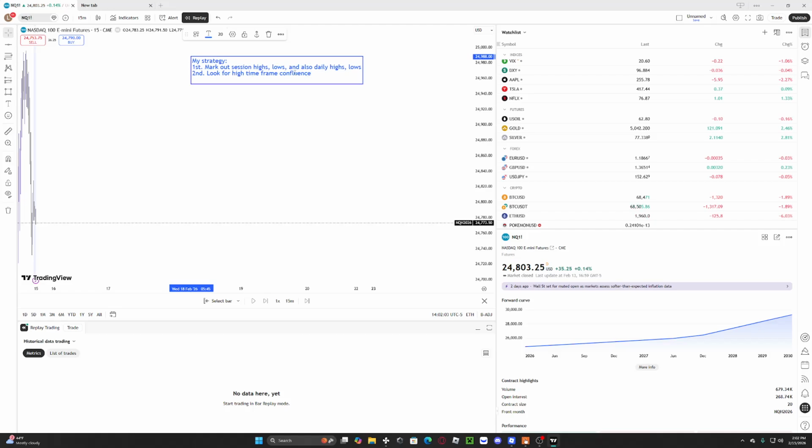And then third step, wait for a liquidity sweep of one of these areas. Fourth, look for a break, or look for the start of a trend change.